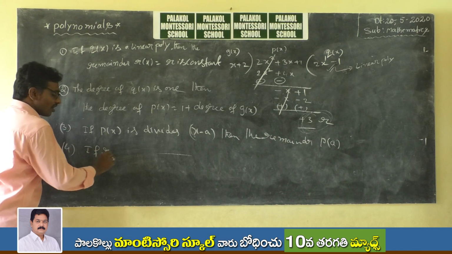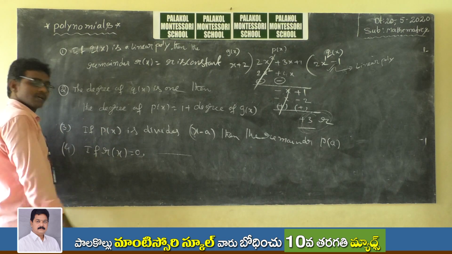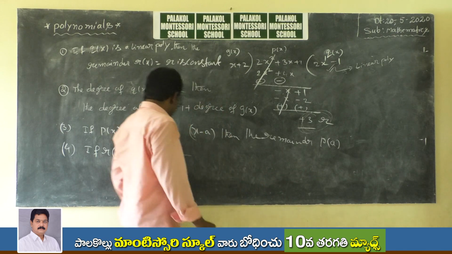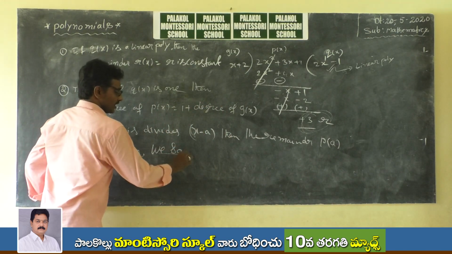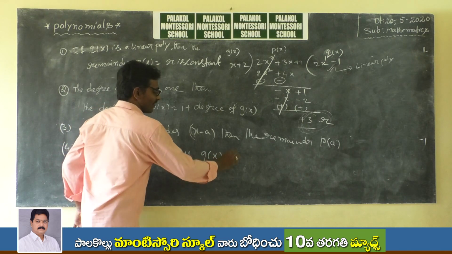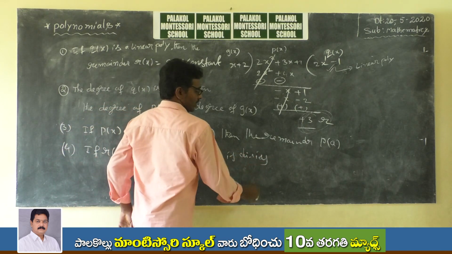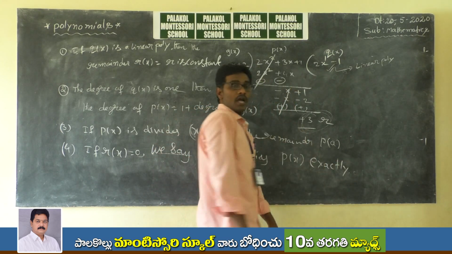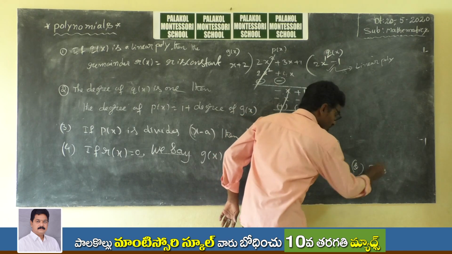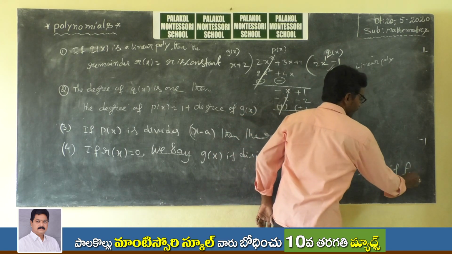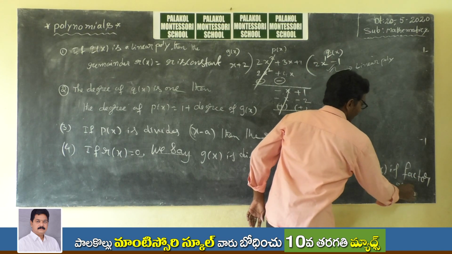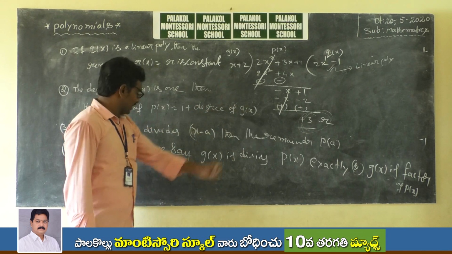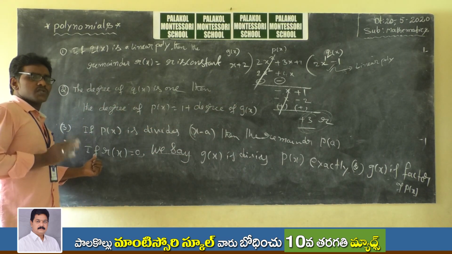If r of x is equal to 0, suppose this remainder becomes 0, you say that g of x divides p of x exactly, or that g of x is a factor of p of x. Okay, guys, you observe this discussion: r of x is equal to 0, suppose.